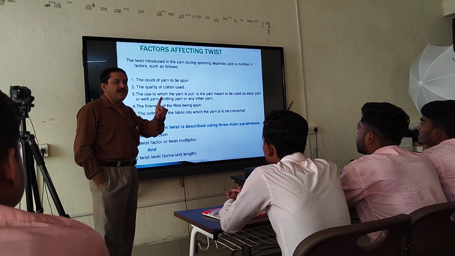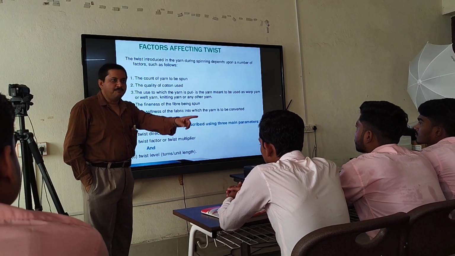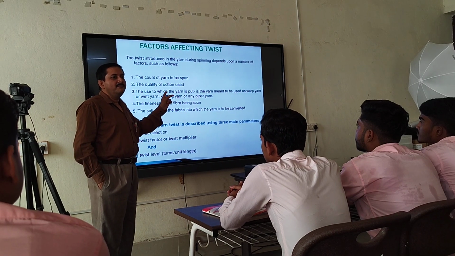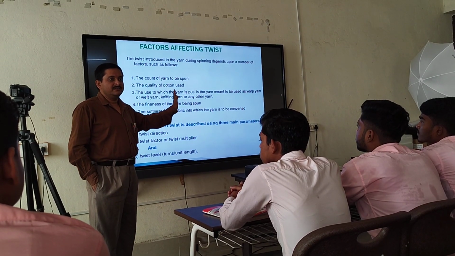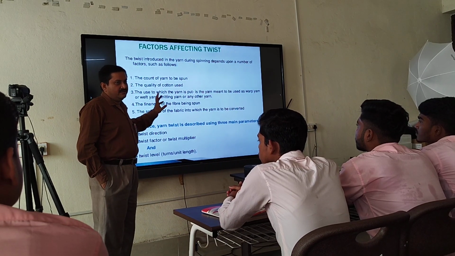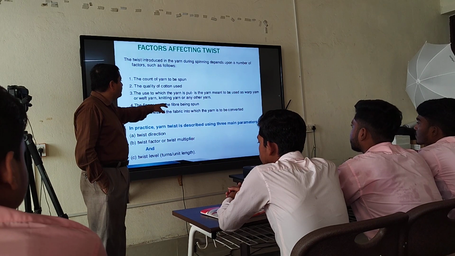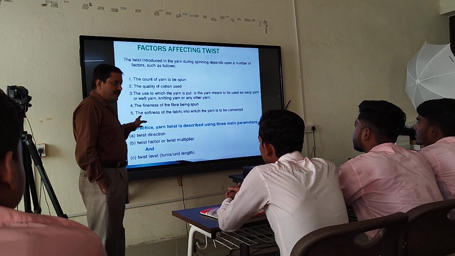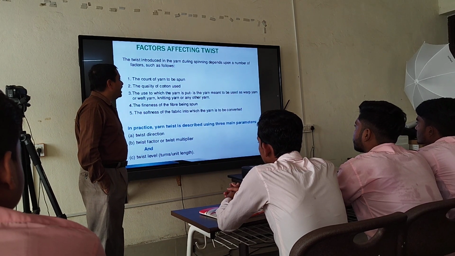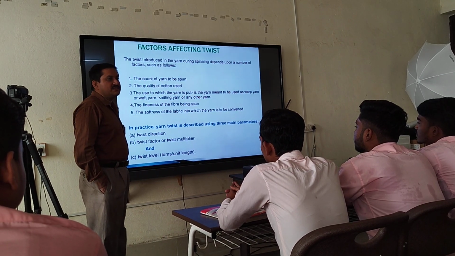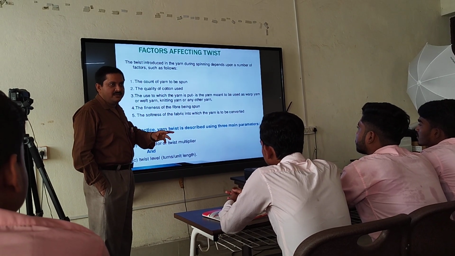Whether they are using this yarn for weft purpose, for warp purpose, or for hosiery yarn for knitted purpose, accordingly you can change it. The fineness of the fiber being spun: fiber fineness. Next, the softness of the fabric into which the yarn is to be converted. Softness, twist factor: the higher the twist, the lower the softness.